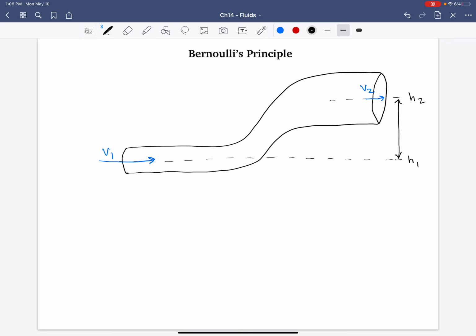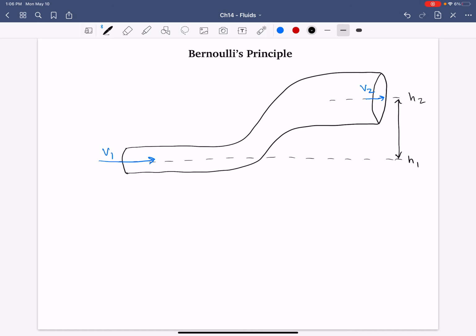So, in this second installment on Bernoulli's principle, we want to really look at what happens to a fluid as far as the conservation of energy goes when it changes height inside a pipe. Keep in mind the previous video about the continuity equation.